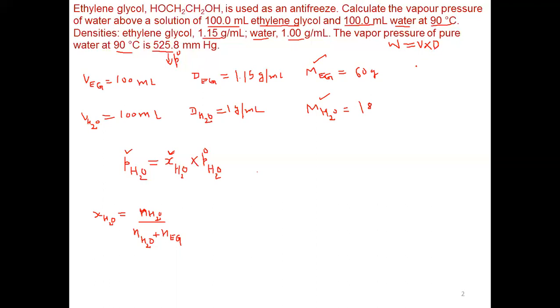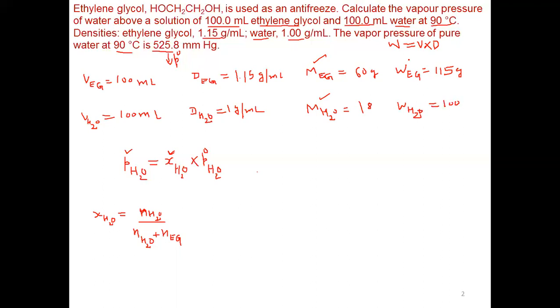So the weight of ethylene glycol is 100 ml multiplied by 1.15 density, which gives 115 gram. This is the weight of ethylene glycol in solution. As the density of water is 1, its volume and weight are the same. So the weight of water is 100 gram.